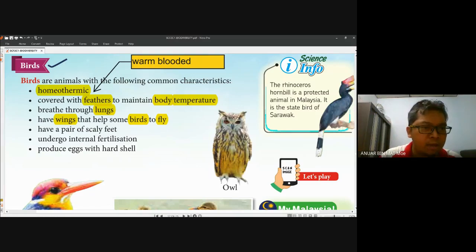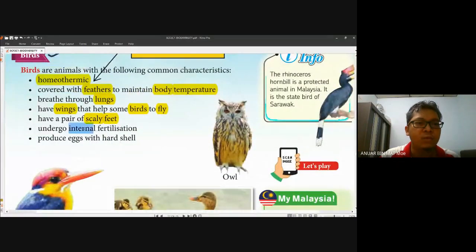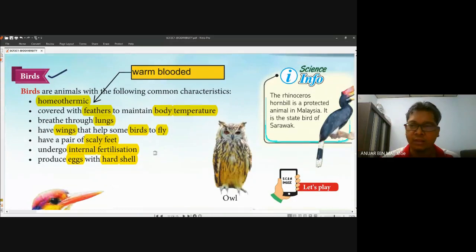And then next one, have a pair of scaly feet. And then it will undergo internal fertilization, and then it will produce eggs with a hard shell. These are the characteristics you need to understand about the number 4 vertebrates, that is the birds, right?